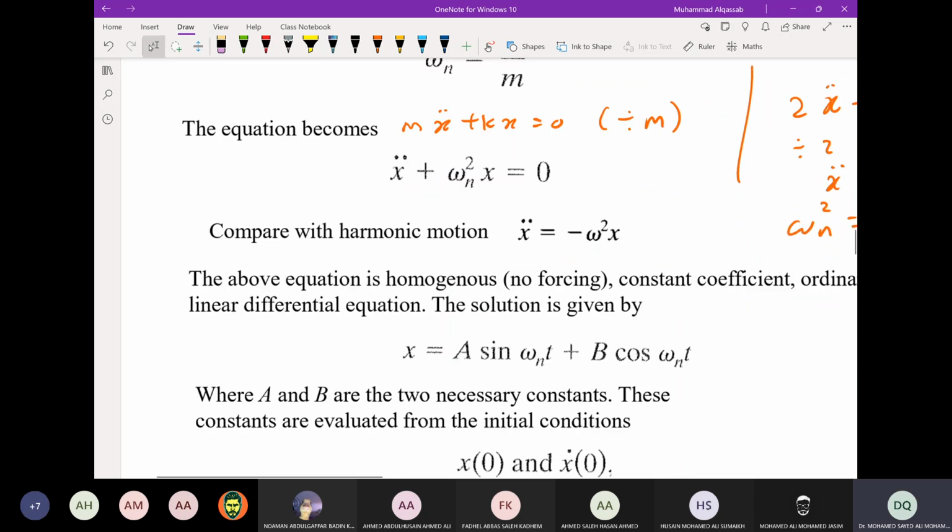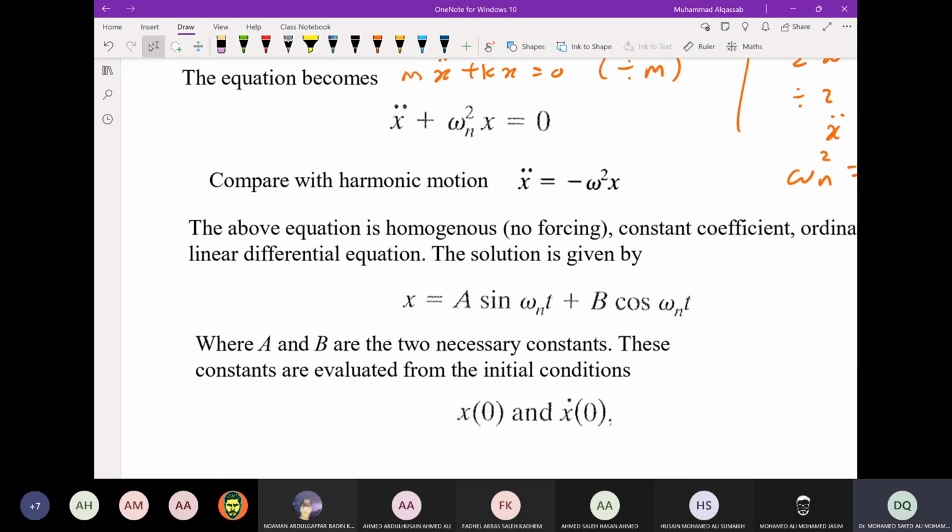Then the second thing we need to find is the position, which is x. X is a function of time. In dynamics, usually we find position at a given instant of time, not for all time.